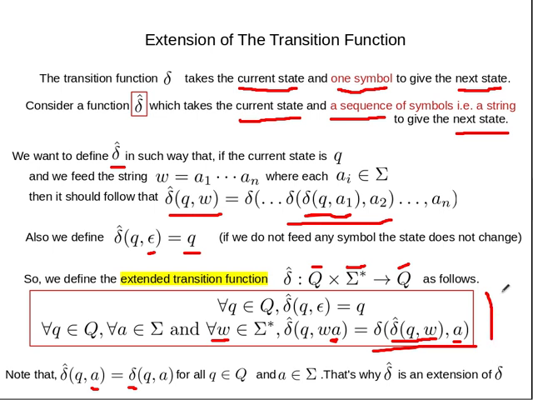We do not need to resort to a common sense argument. Once you rigorously define something, it follows as theorems or whatever. You can prove everything. And that is why this delta hat is an extension. If you know the definition of function extension, you know, right?